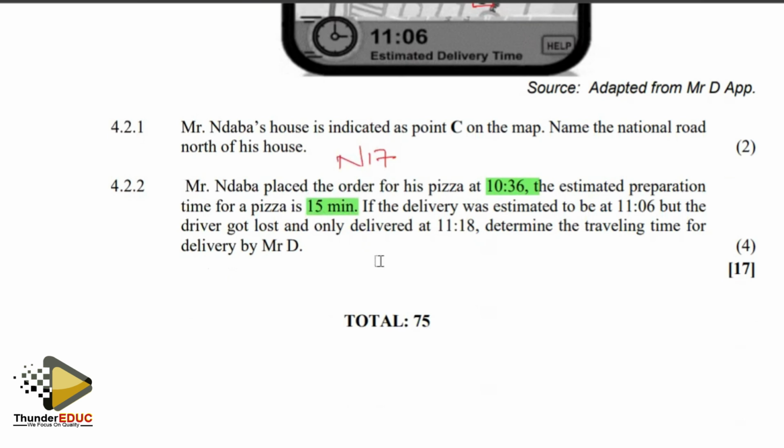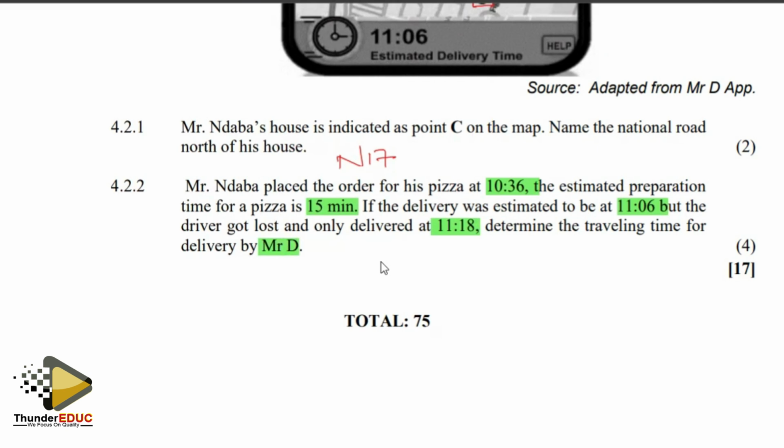If the delivery was estimated to be done at 11:11, but the driver got lost and only delivered at 11:18. Determine the traveling time for Mr. D. We are looking at the travel time.